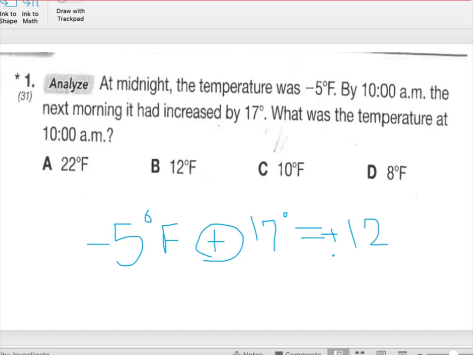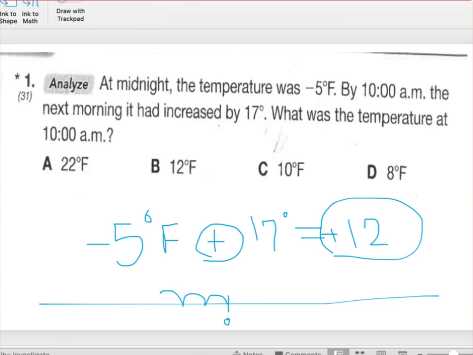All right, so let's just take this one and use this one as a number line study. So here's our 0. And -5 would be 5 in the negative direction. Okay, and then from there, we would add the 17. 1, 2, 3, 4, 5, 6, 7, 8, 9, 10, 11, 12, 13, 14, 15, 16, 17.